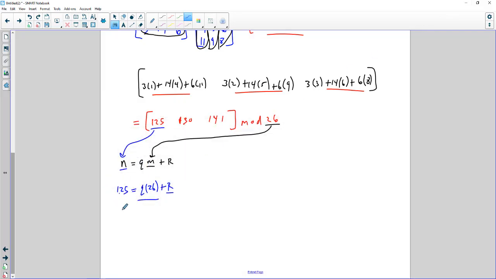This means 125 is 4 times 26, which is 104, plus r, and that remainder is 21. So this is how you actually mod the number. I'm going to say that 125 is congruent, or the same as, 21 mod 26.